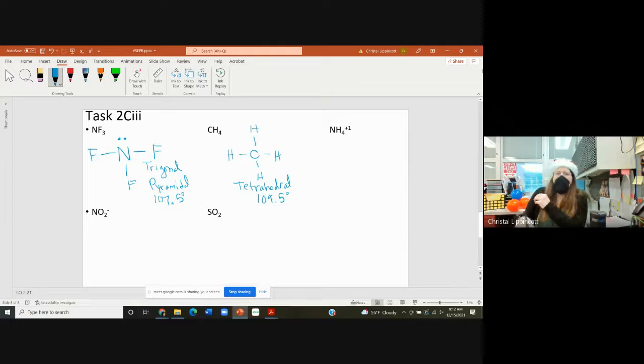All right. So the next one is NH4. When you draw that, you've got your H's around here. This is a +1 charge, should have a positive out here. And this is going to have the same geometry as the previous one.